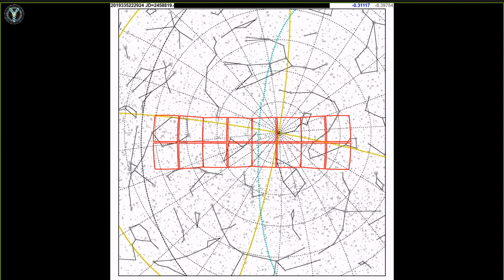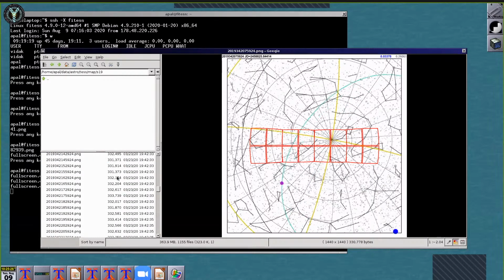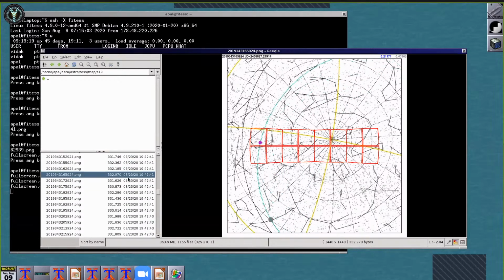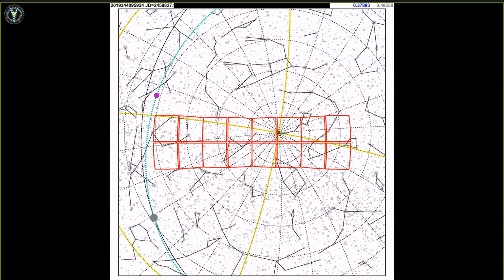And if we just speed up a bit, we will see, this is the Moon here. And as you can see, if the Moon is close to this field of view, then you will get a huge amount of stray light, basically.